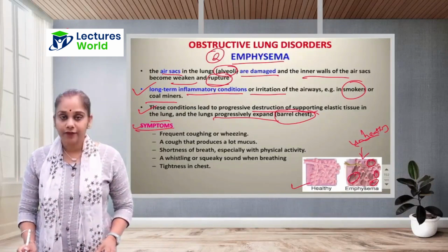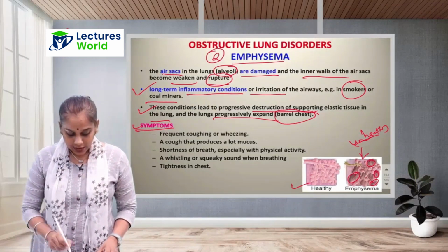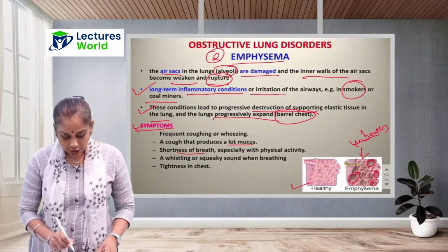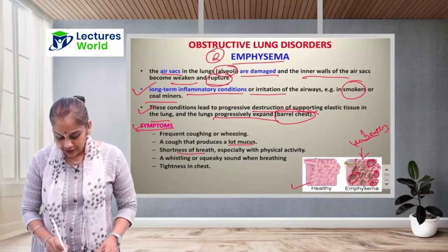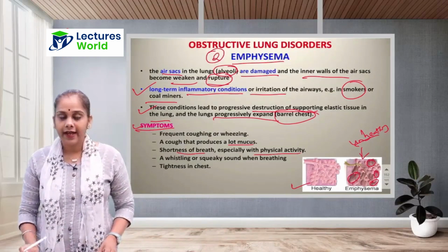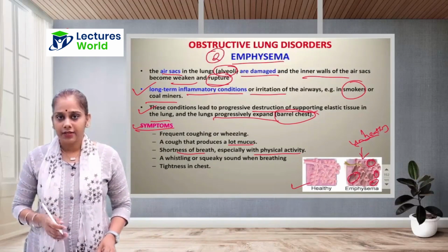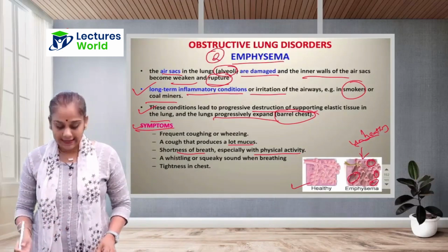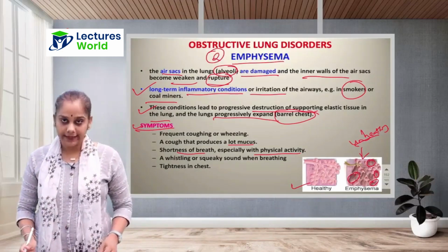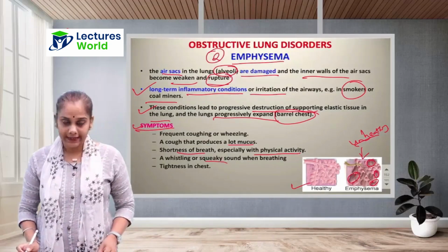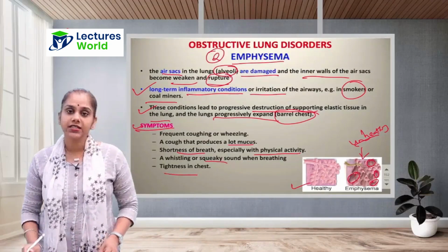Frequent coughing and wheezing, a cough that produces a lot of mucus, shortness of breath especially with physical activity, and at that time there is breathlessness or difficulty in breathing. There is a whistling or squeaky sound when breathing, and tightness in the chest.